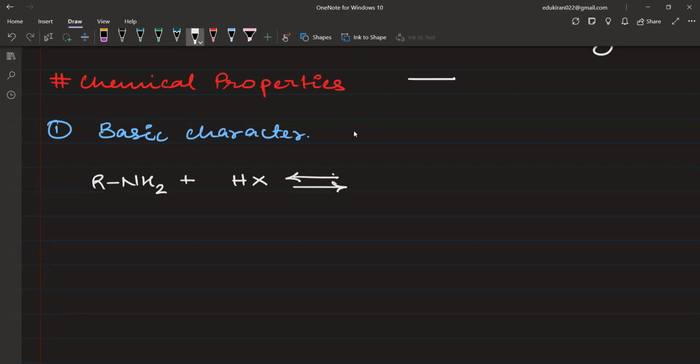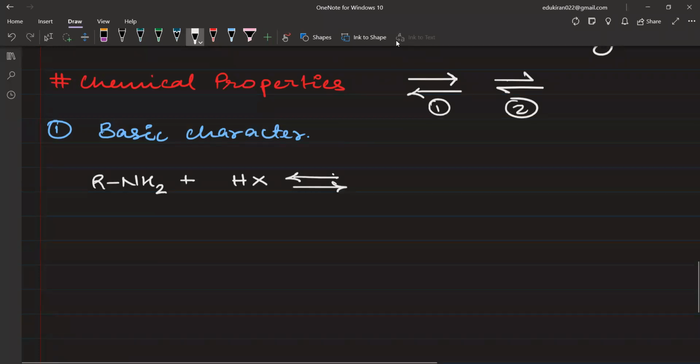By the way, do you know what is the difference between this arrow and this arrow? Guys, anyone?